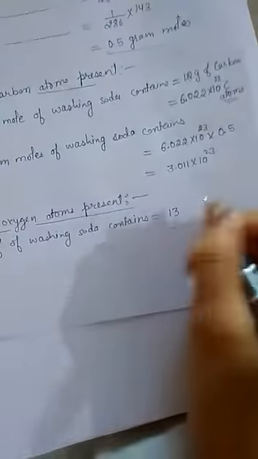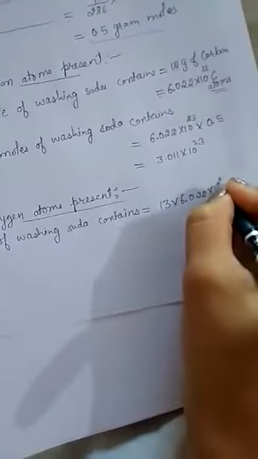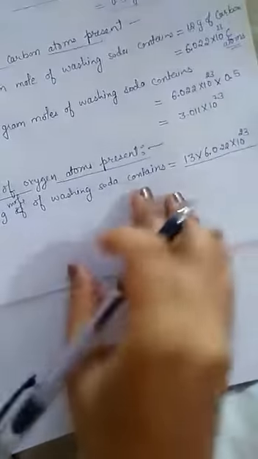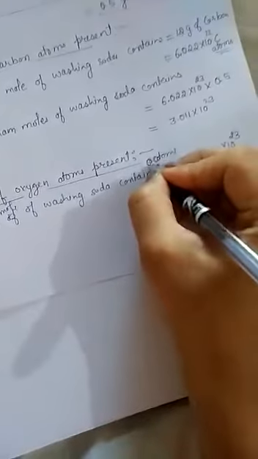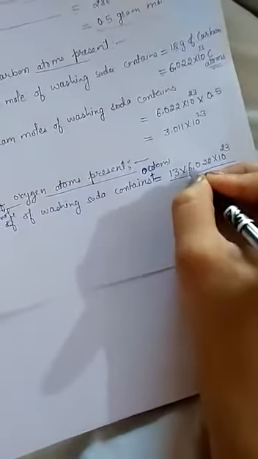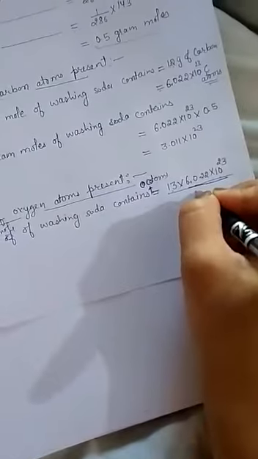See here, 10 oxygen, 3 here, so total 13 atoms, that is 13 multiplied by 6.022 into 10 raised to power 23 oxygen atoms. That is, 1 mole contains these many particles. And how many oxygens are present?